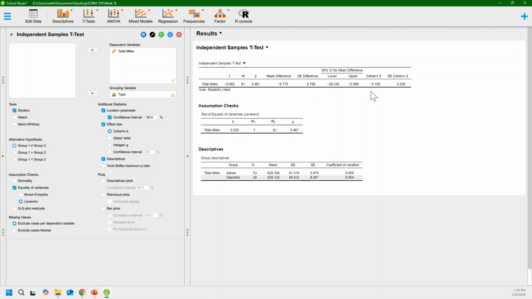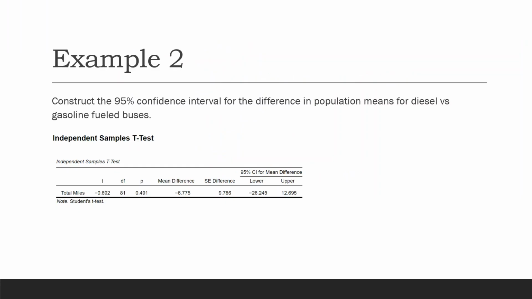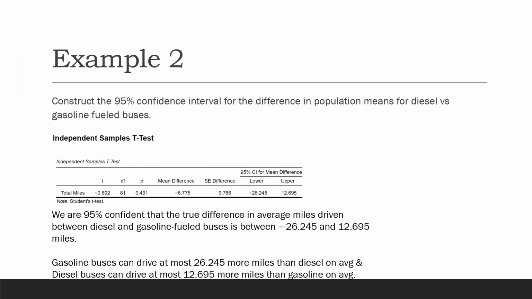All right. So if I go back to my notes here, I have this confidence interval here, and then we can provide this interpretation here. It says we are 95% confident that the true difference in the average miles driven between diesel and gasoline-fueled buses is between those two values that are in my confidence interval, negative 26.245 to about 12.695.